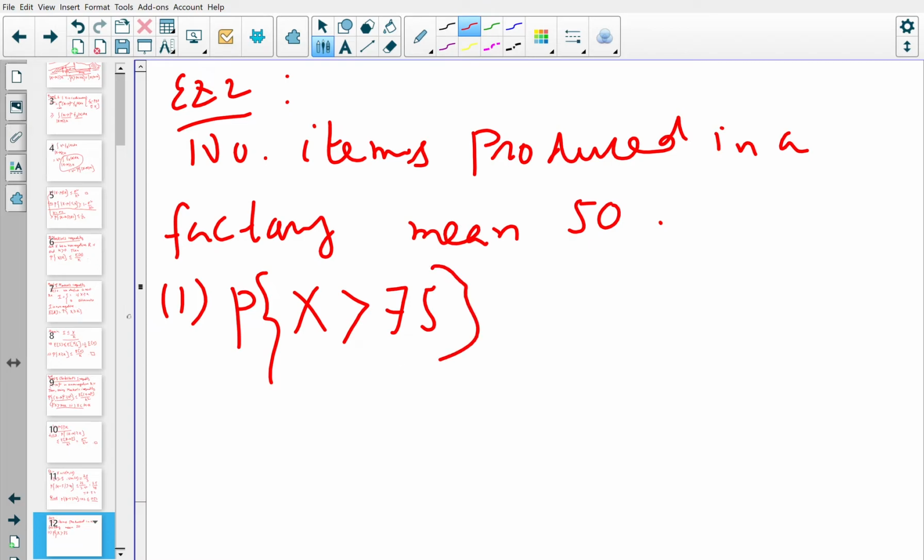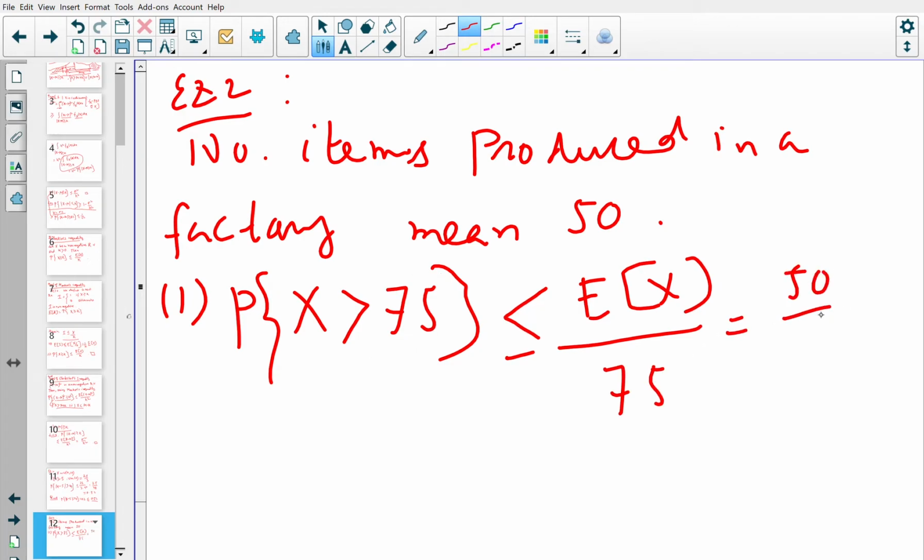I want to find an approximate value, because here the random variable has mean 50, but we have no idea what kind of distribution it has. But we can give an upper bound of this quantity. Using the Markov inequality, this quantity is bounded by expectation of x divided by k, which is 75.